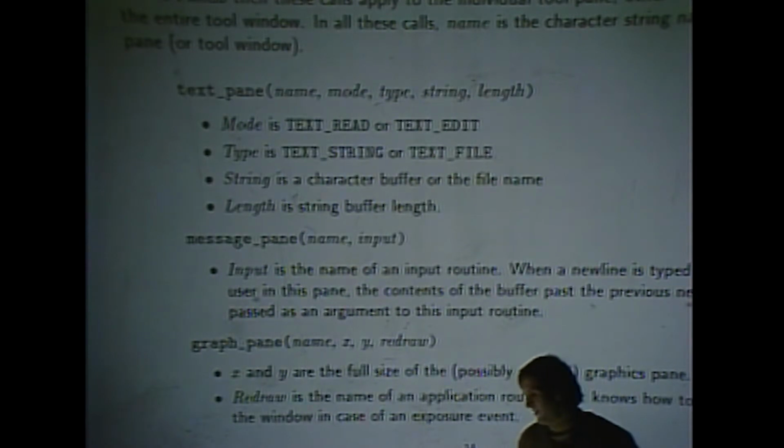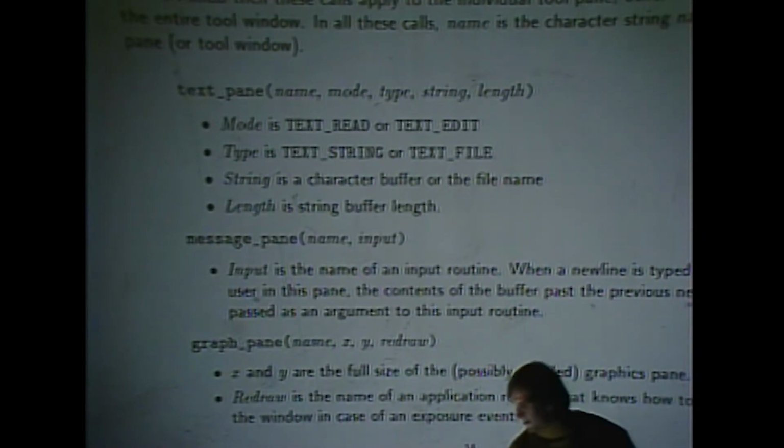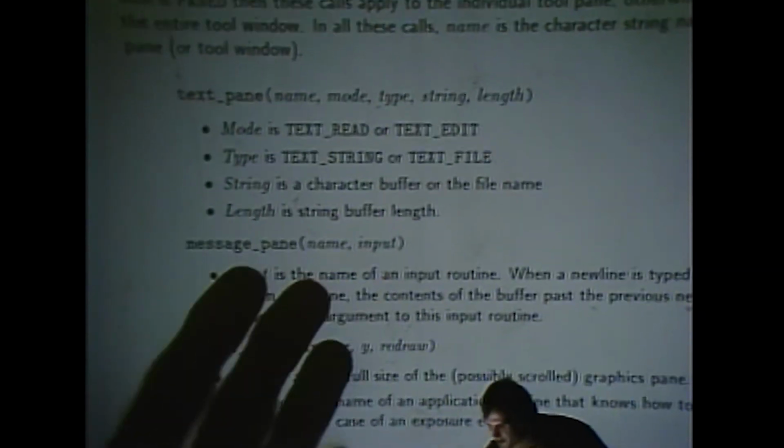And graph pane is what in technical terms is called a hack, and is just there to allow a generic X window to be used by the application when an expose event or something like that gets sent to that window. The application is expected to know how to redraw it and supplies a routine to do it.